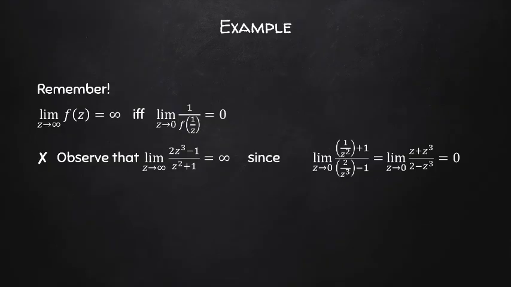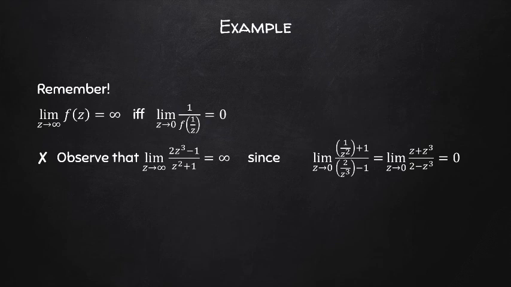Okay, the last example is: observe that the limit as z tends to infinity of the function (2z^3-1)/(z^2+1) equals infinity. This form is the same as the third case in the theorem before. That is, the limit as z tends to infinity of f(z) equals infinity if and only if the limit as z tends to 0 of 1 over f(1/z) is equal to 0.